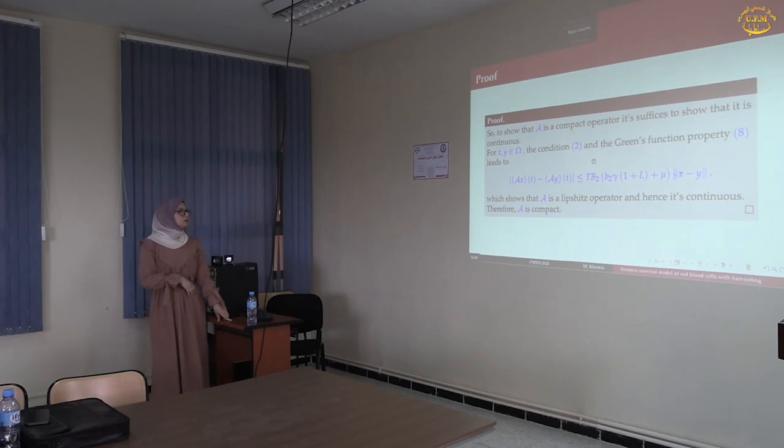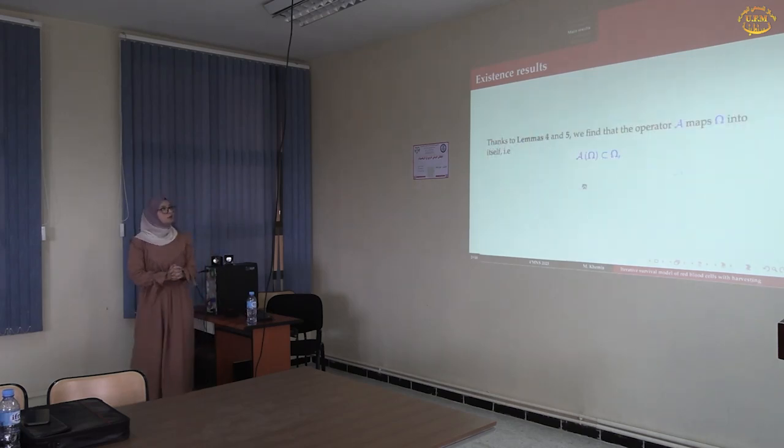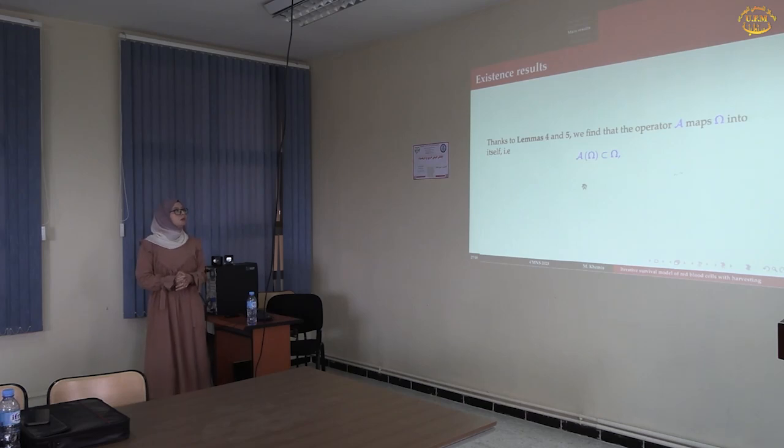Indeed, for x and y in omega, condition 2 and Green's function property 8 lead to this estimate, which shows that A is a Lipschitz operator and hence it's continuous, therefore A is compact. Lemmas 4 and 5 under conditions 3 to 5 ensure the correctness of the last condition of the Schauder fixed-point theorem, which means the operator A maps the closed, convex, and bounded subset omega into itself.